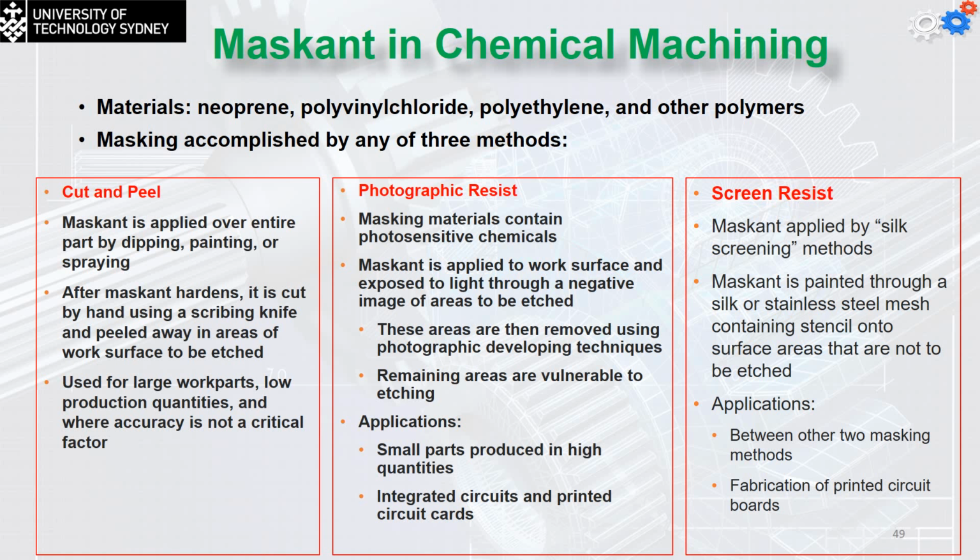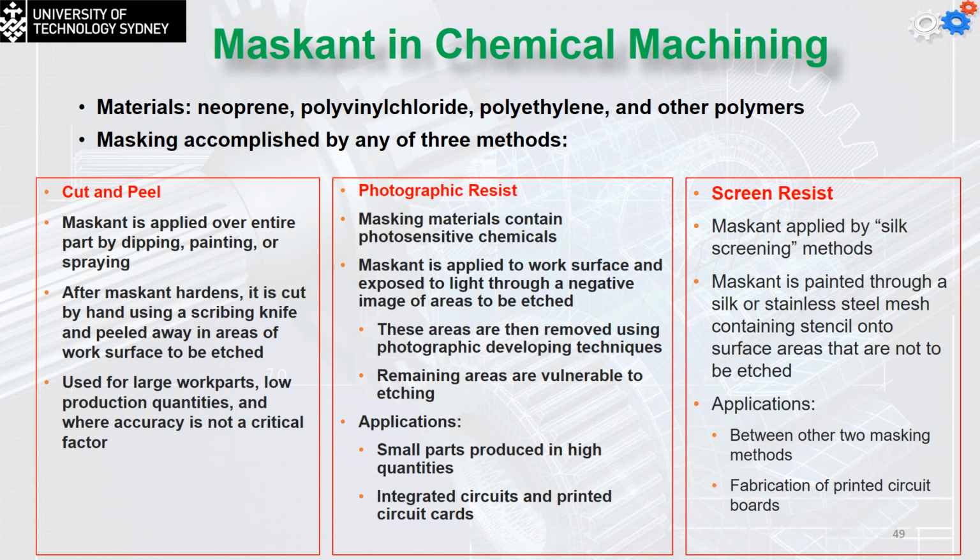After the masking hardens, it is usually cut by hand using a scribing knife, and it is peeled away in the areas of the work surface to be etched.